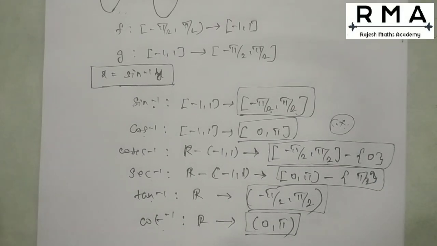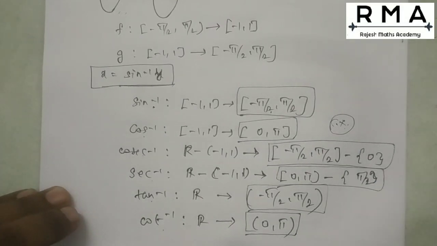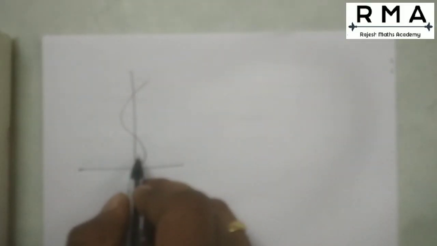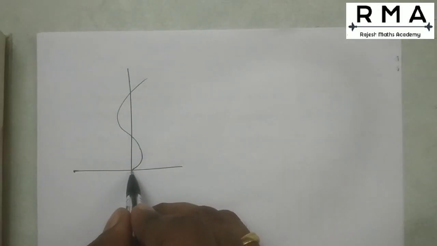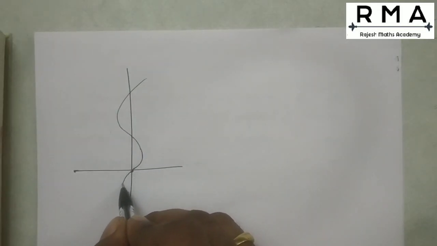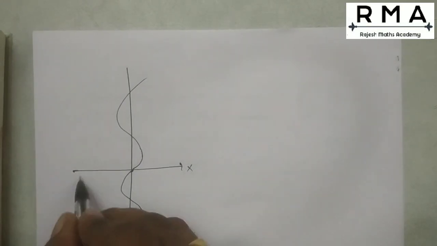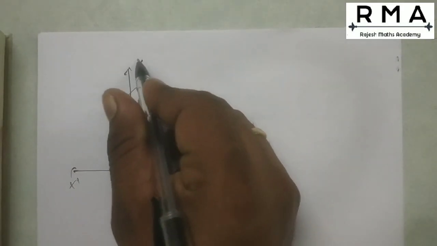Now we will see one graph example for the inverse trigonometric functions, for sine inverse. So I am drawing the graph here. This is my x-axis, this is my y-axis.